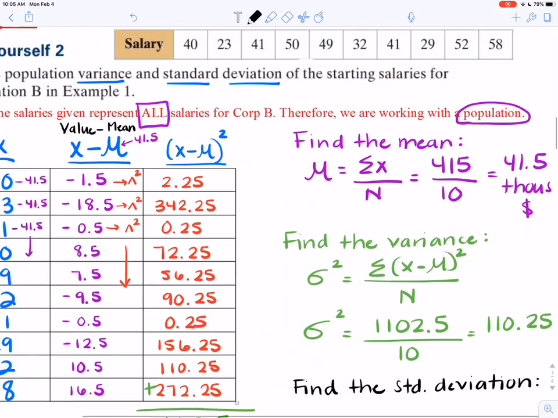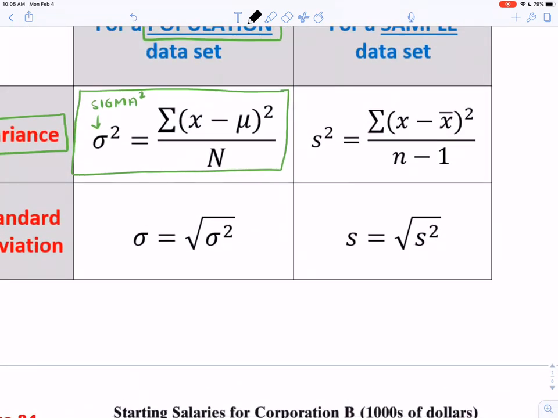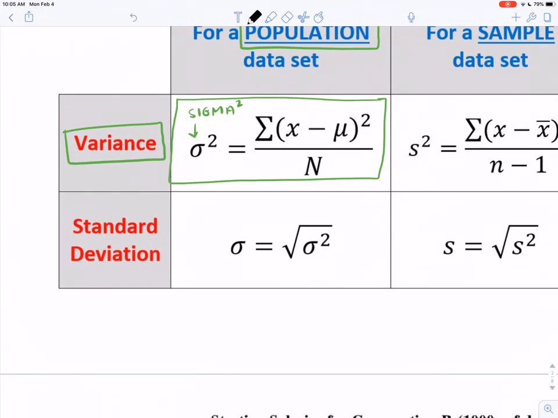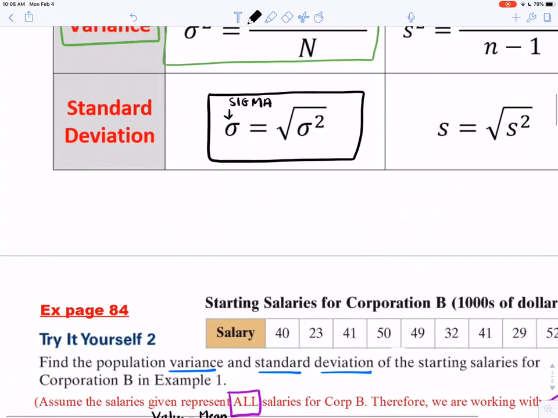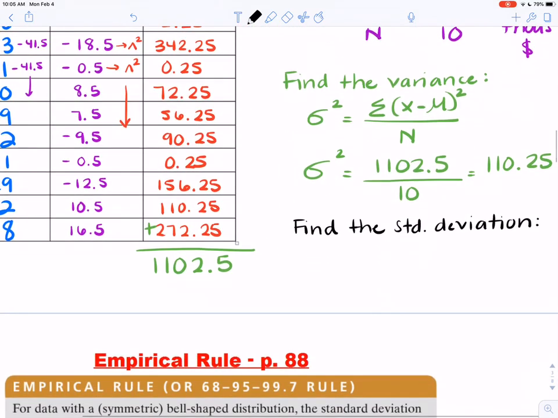All right, now again, I'm going to go back to my formulas. And what I want you to notice about the formula for standard deviation is that it always corresponds to just the square root of my variance. So again, notationally, it's just sigma. Basically, you get rid of the square, and the way you get rid of the square is by simply taking the square root.